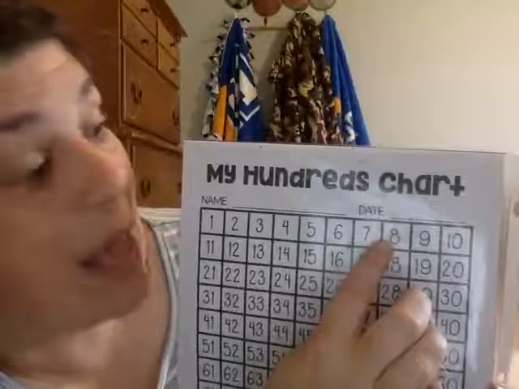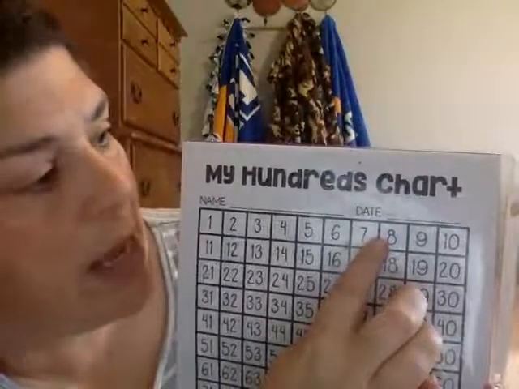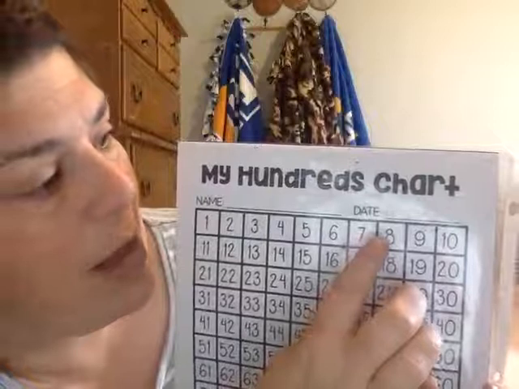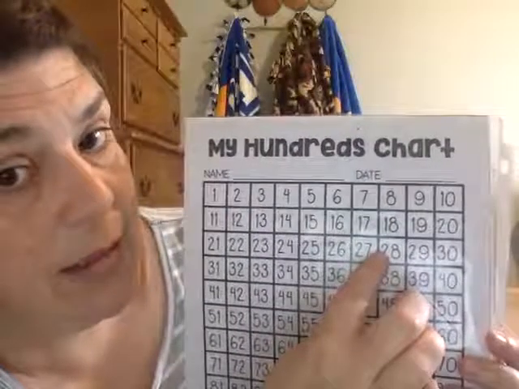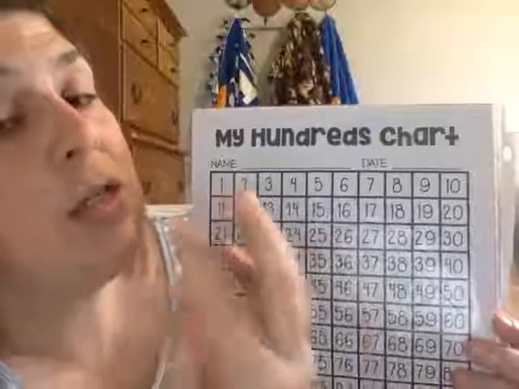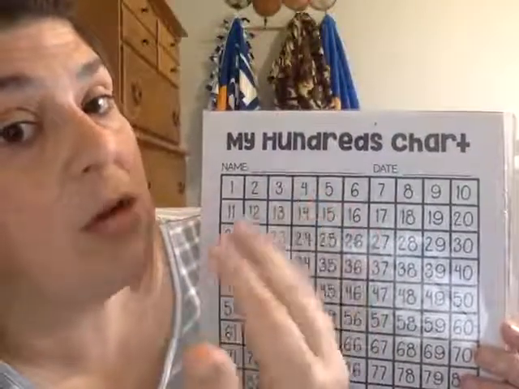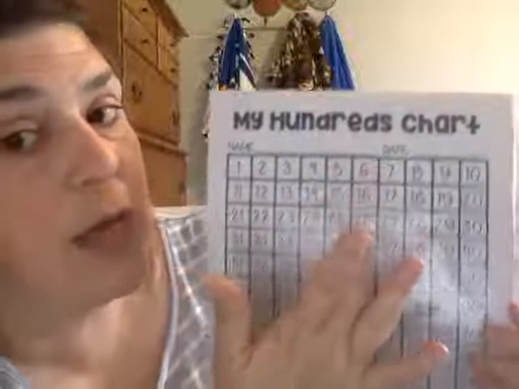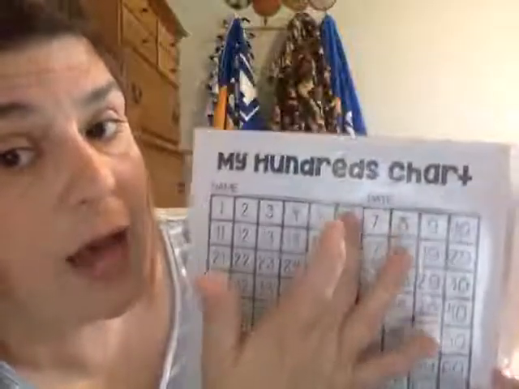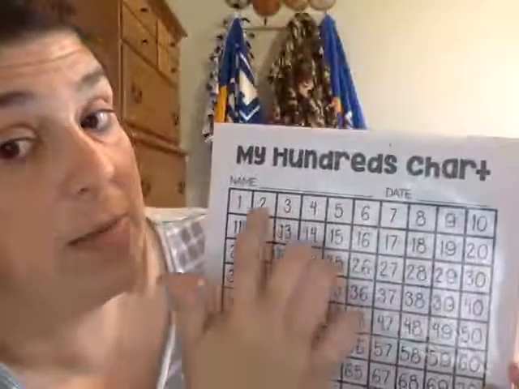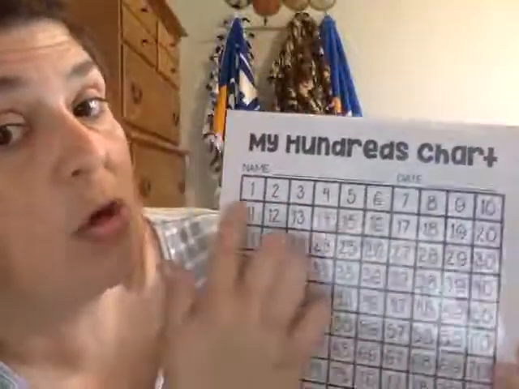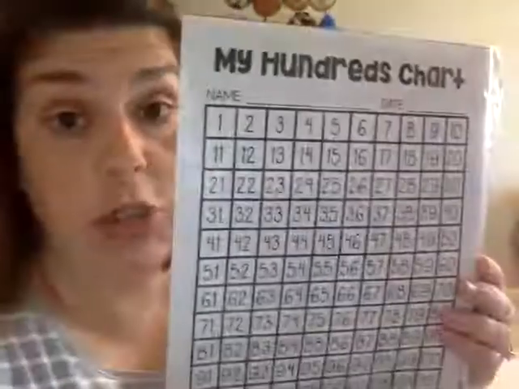If I say 8 plus 20, I'm going to go 18, 28. So when I'm adding or subtracting by 10, I'm moving up or down the hundreds chart. When I'm adding or subtracting by 1, I'm moving left or right on the hundreds chart.